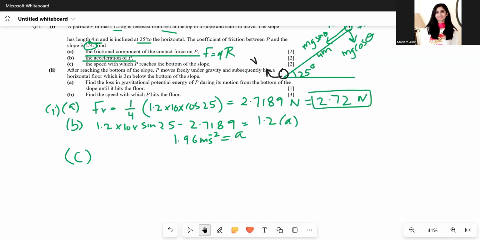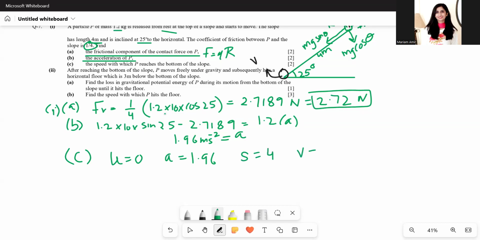So we have u is 0, a is 1.96, preferably use the unrounded value. I don't have it, so I'm just using this. You should write the longer answer for A first. Okay, s is 4 and we have to find v.